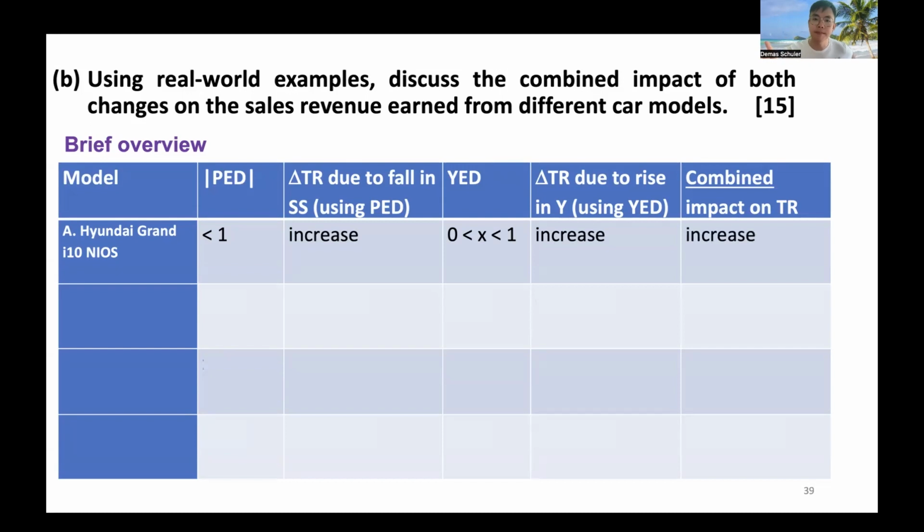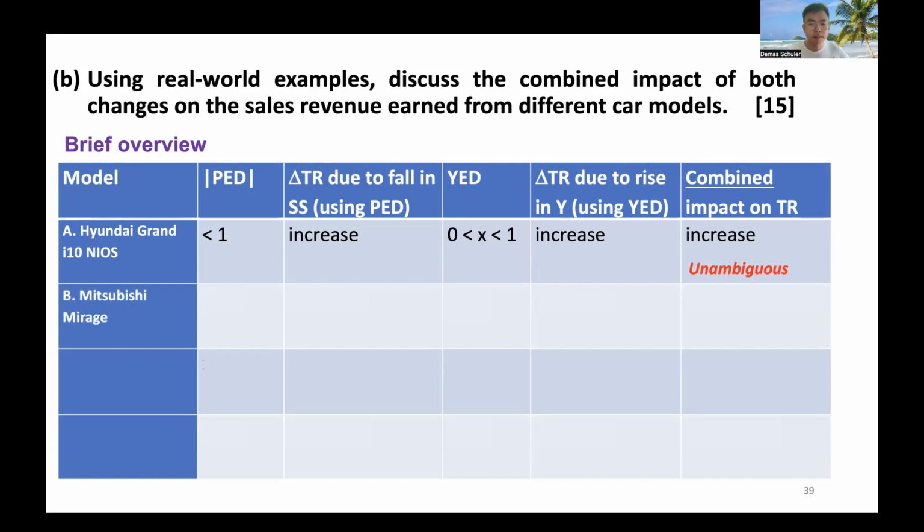Make sure you address the question's specific requirement, which is the combined impact on total revenue. It would rise. In this case, it is unambiguous.